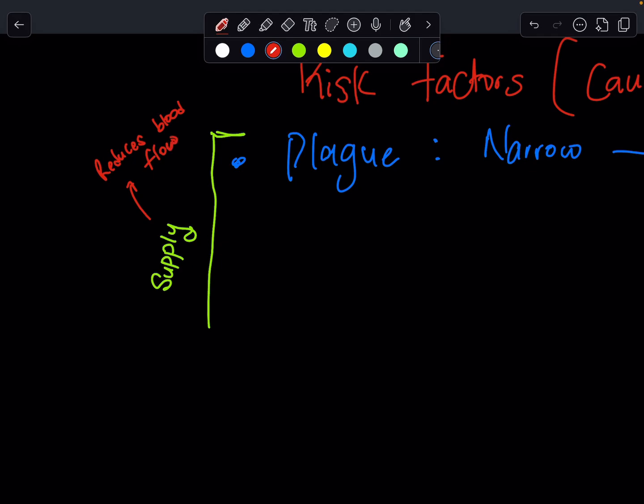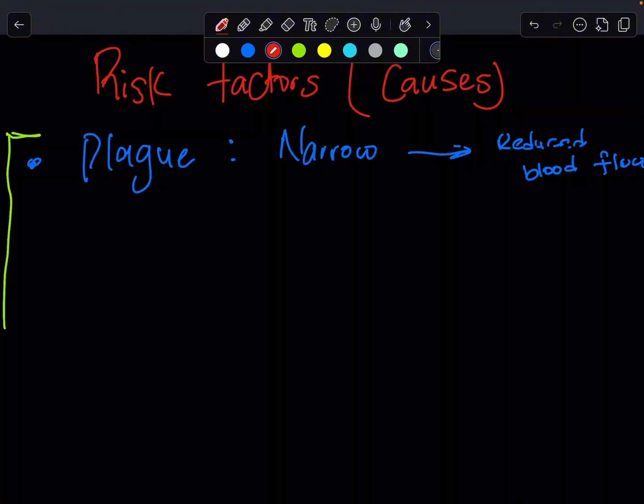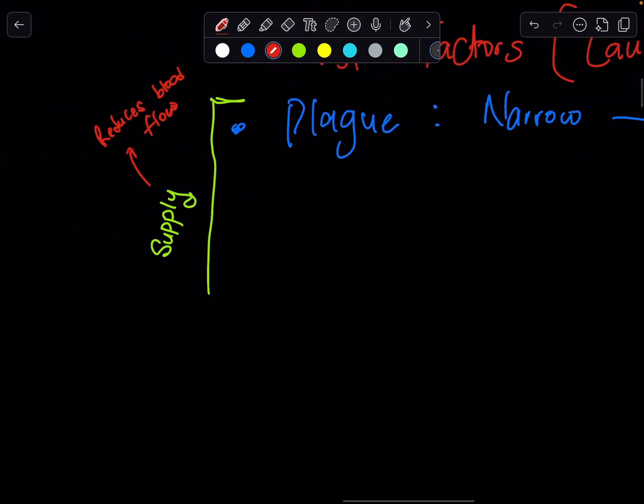So it causes myocardial ischemia because it reduces blood flow. There is less supply.